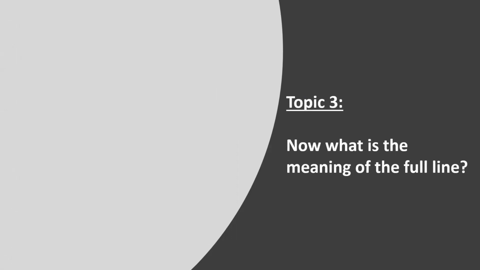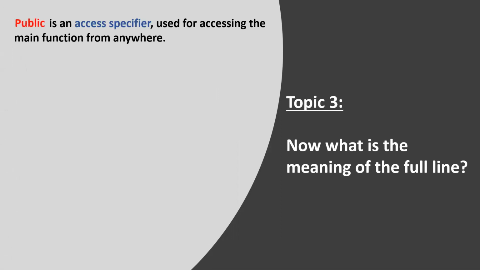So now, what is the meaning of the full line? If I start with public, it is an access specifier. We have discussed that in the previous class. Public makes everything accessible, whether the file is inside a package, inside some different folder, or in some different file, wherever it is.